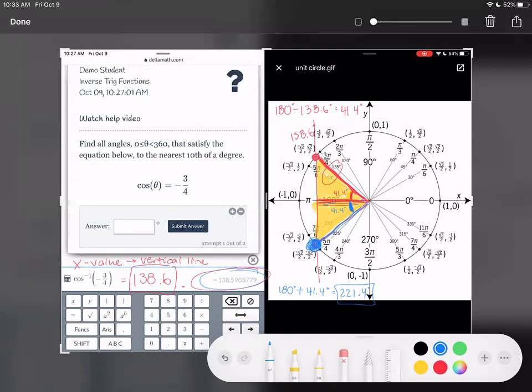Anybody have questions on the problem? Okay, I'm gonna take a picture of this because I'm not gonna remember these numbers. And then I'll put it into Delta Math.